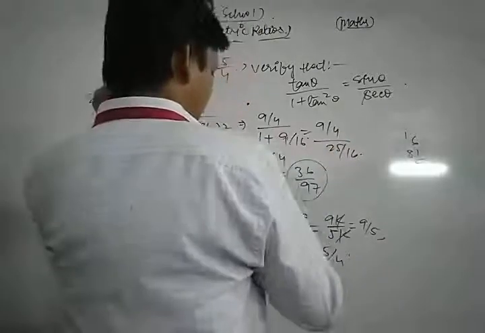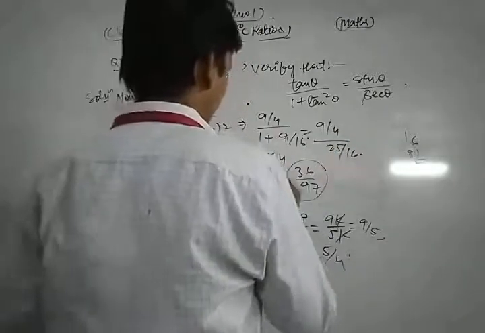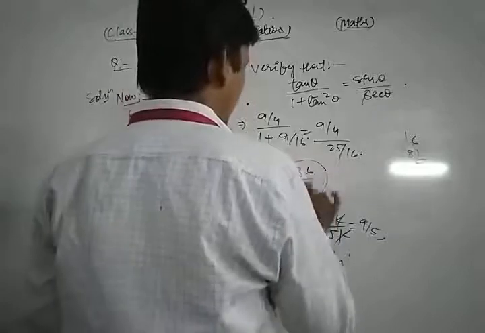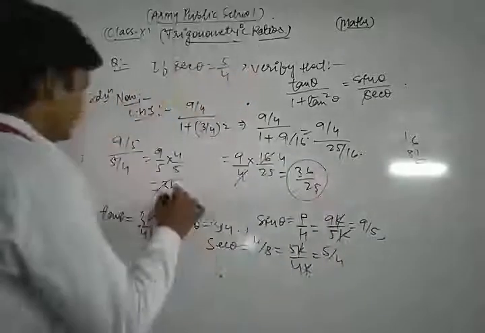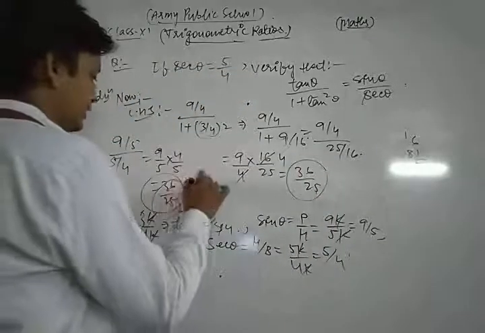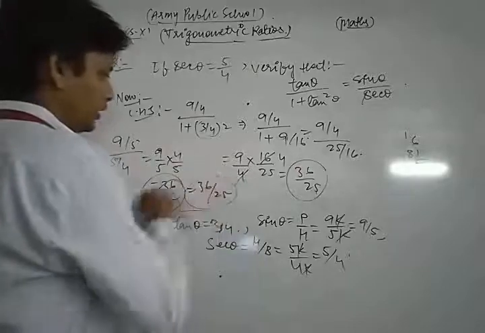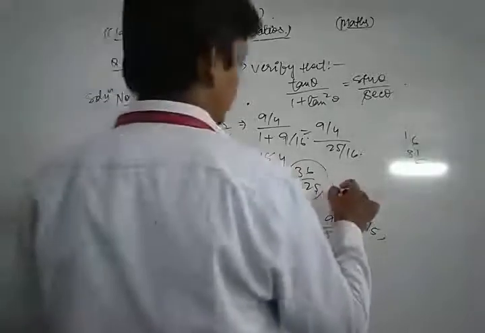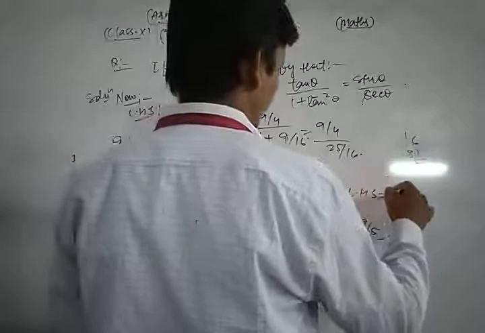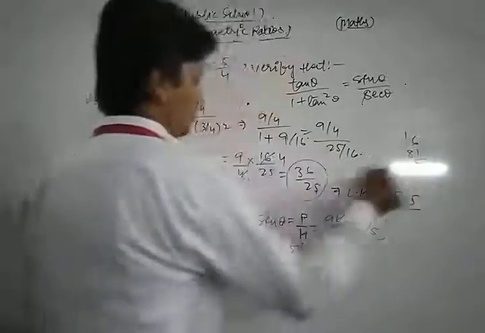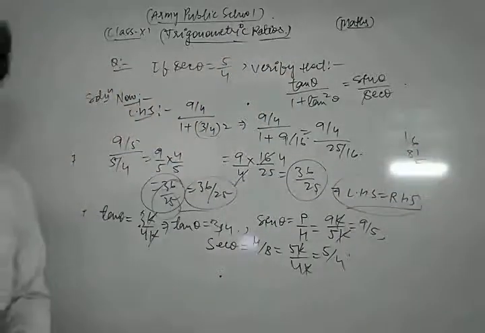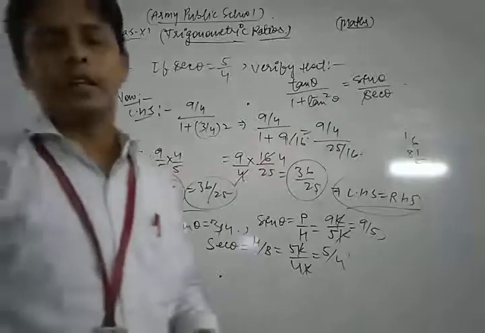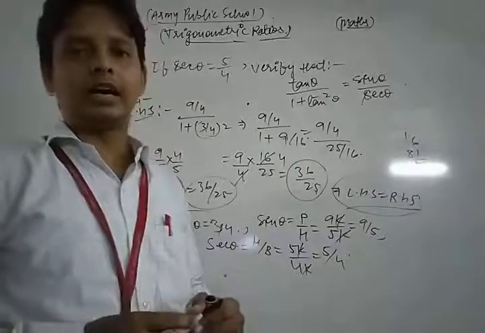So after simplifying the right hand side, we also get 12 upon 25. Thus, LHS is equal to RHS.